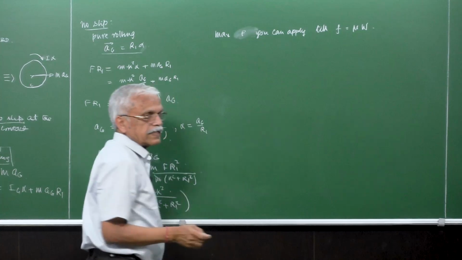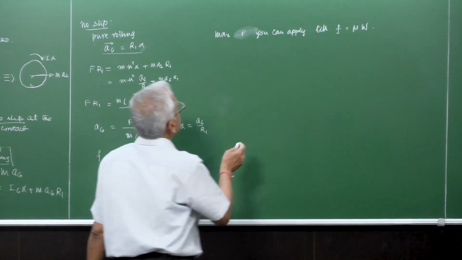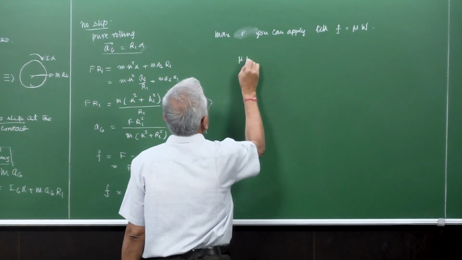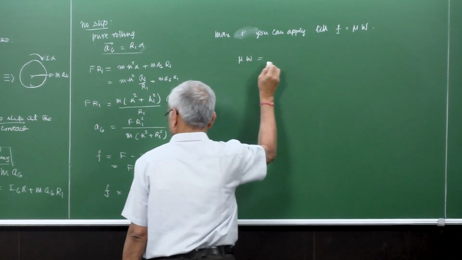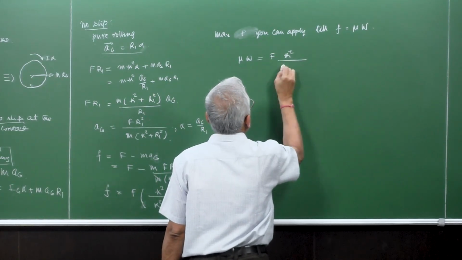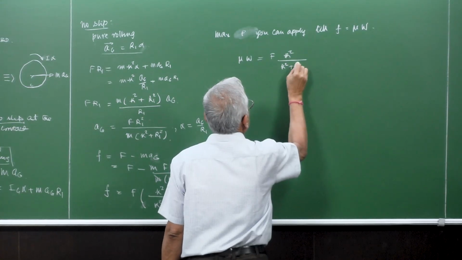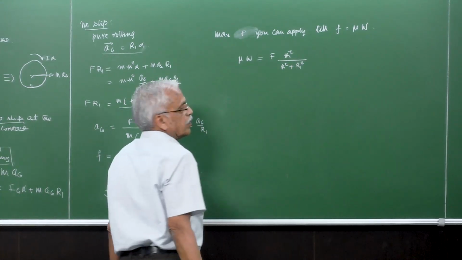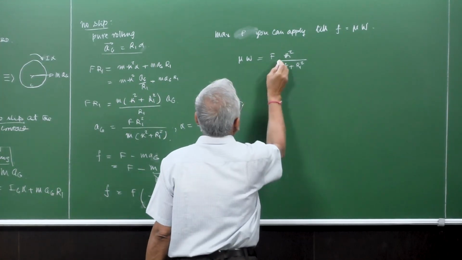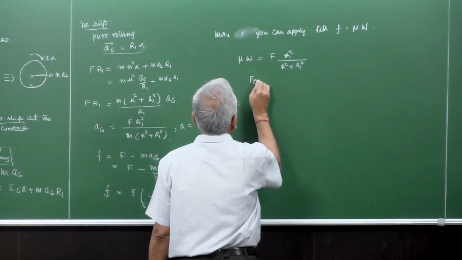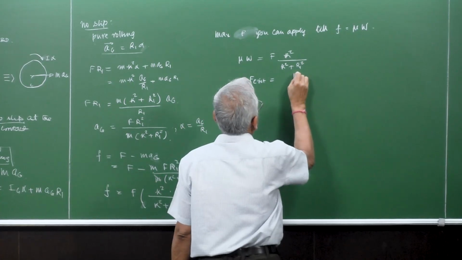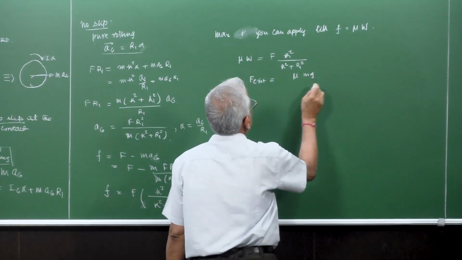If you want, you can call that a critical value. So that means you have mu times W equal to f, and if you call this F critical, it is mu times mg.